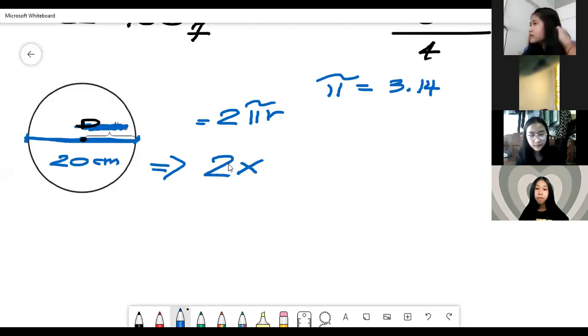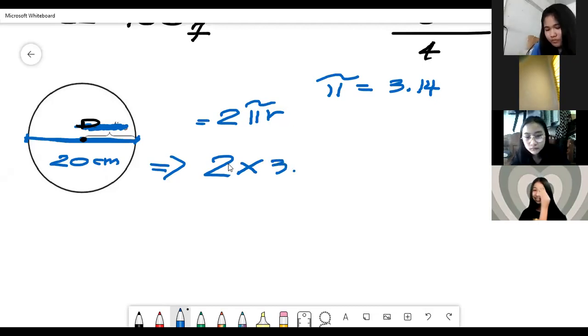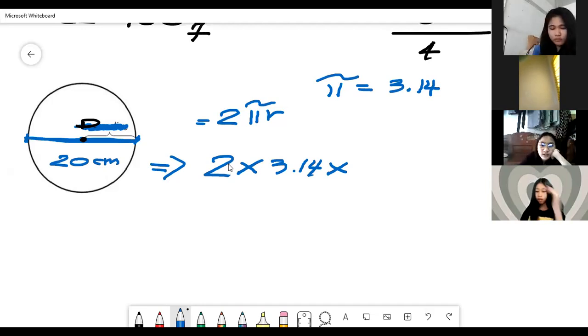Okay, what is our pi? 3.14. What is our R? Diameter is 20, so meaning this is 10.